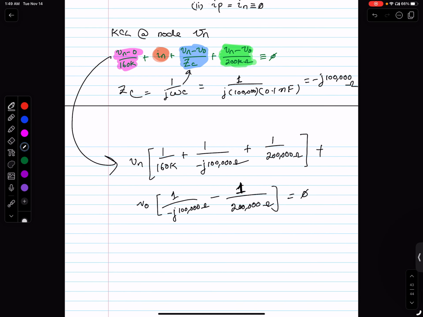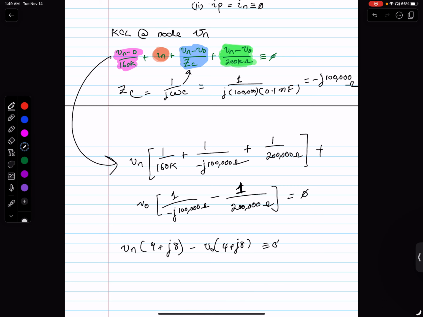Now we can do some simplifications, multiplying all the denominators or all the numerators by 800,000. We'll get something similar to this: Vn into 5 plus Vn into 9 plus J8 minus V0 into 4 plus J8.